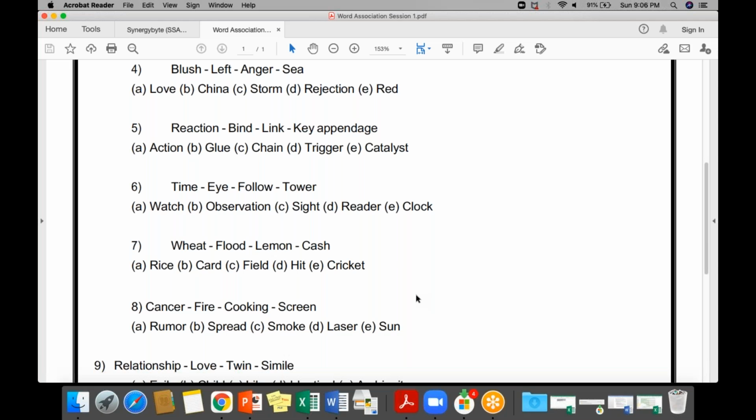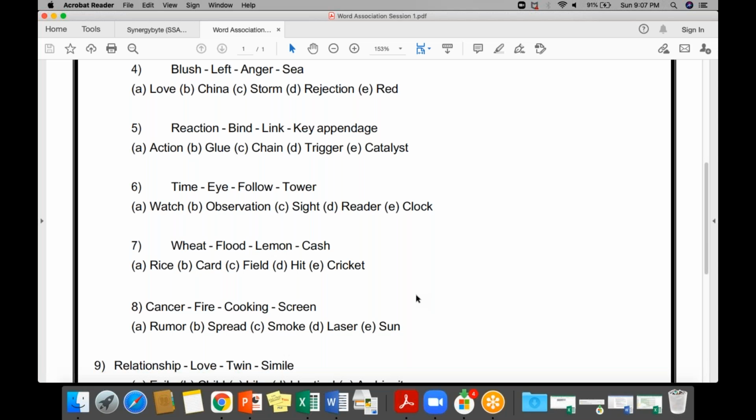Laser cannot go. I cannot connect laser with fire or laser with cooking. I cannot connect spread with cooking. I cannot connect rumor with cooking. I am left with smoke and sun.